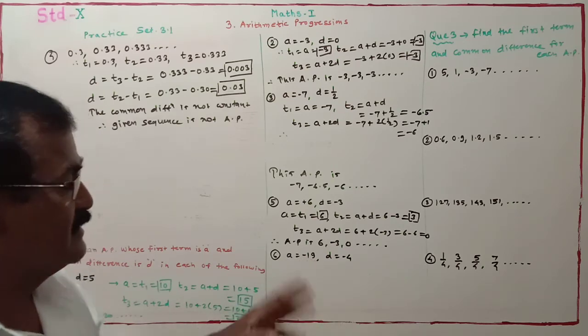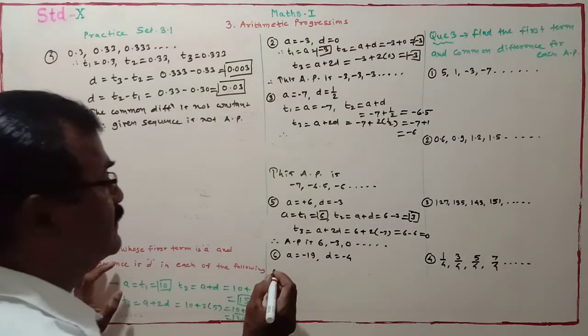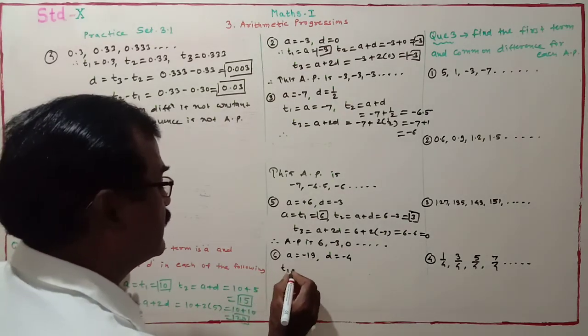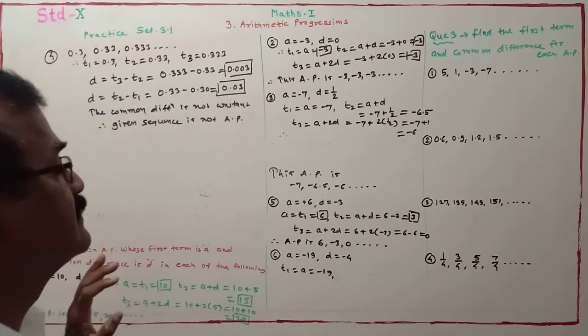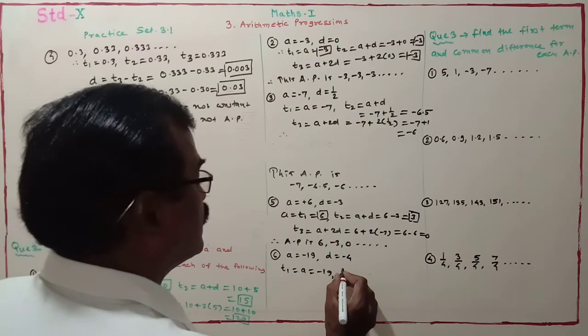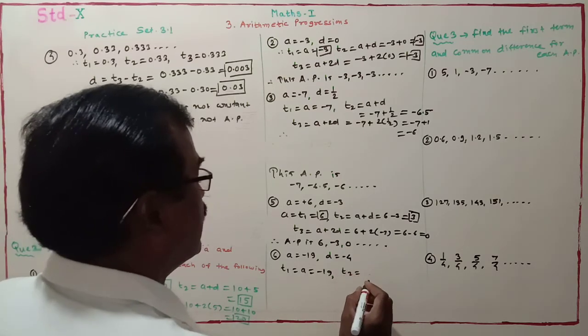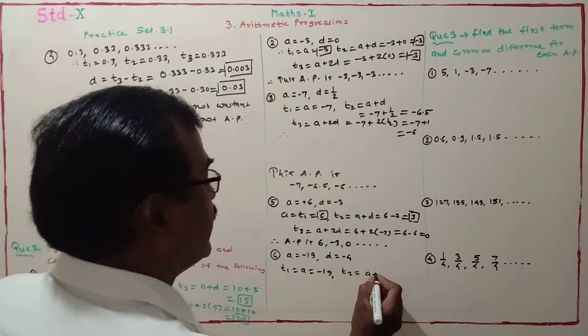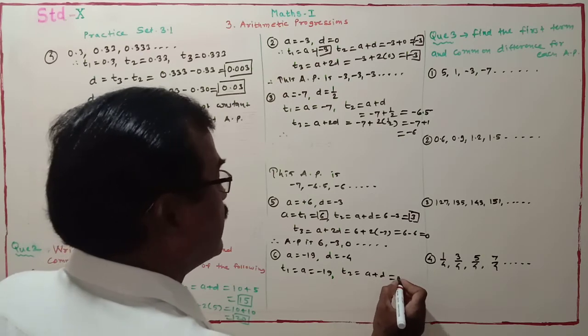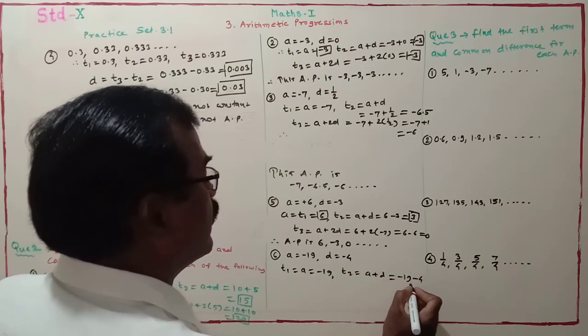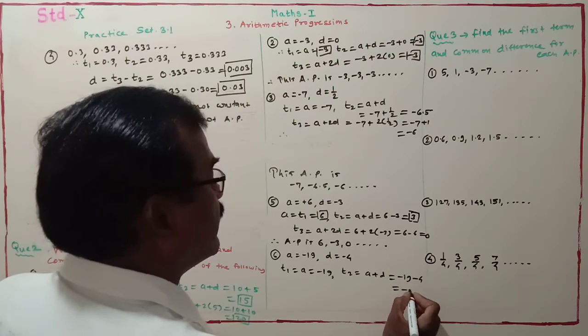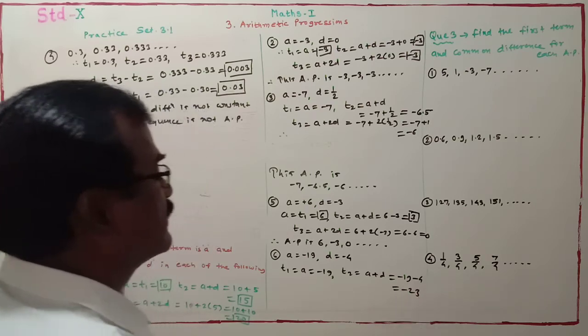In the next example, T1 is equal to A is equal to minus 19, T2 is equal to A plus D, A is minus 19, minus 4 is minus 23.